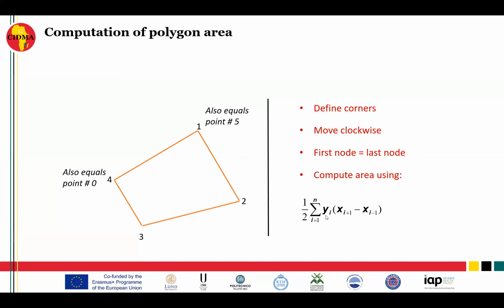And what does that really mean? Well, i is always where you are in an iteration. So if we start with i equal to 1, we are at corner number 1. And then the x value for x(i+1) is this point, the x value for number 2.